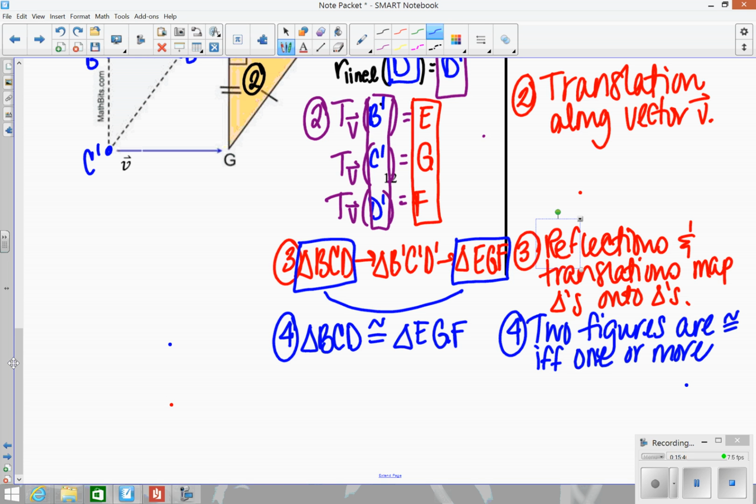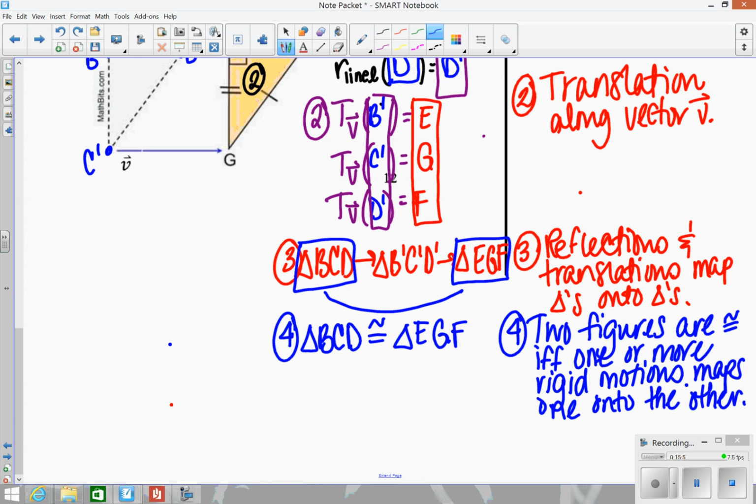So two figures are congruent if and only if one or more rigid motions maps one figure onto the other.